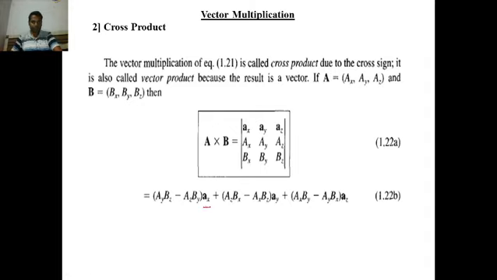Ax cap, and in this bracket, ignore the first column, multiply ay into bz, minus az into by. Similarly, if you want the ay component in this bracket, ignore this, multiply these two and multiply these two. In this way you can find the cross product.